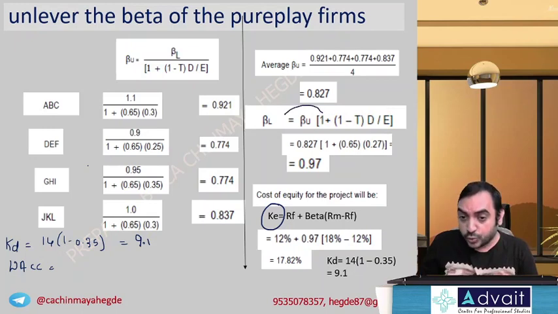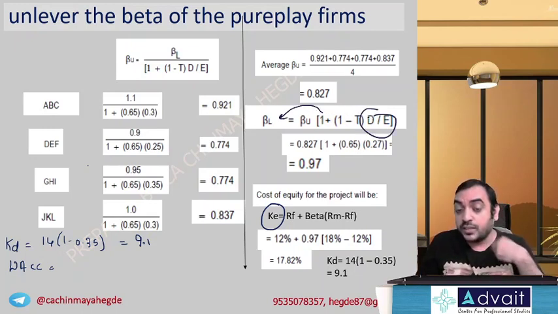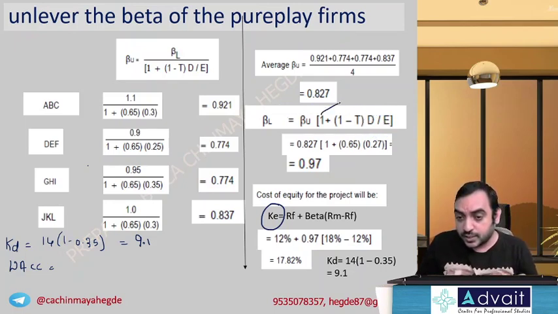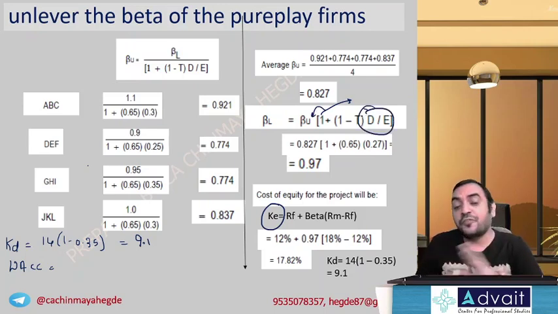This one represents your risk of business. This debt by equity means what was supposed to be borne by debt, but that is also borne by equity shareholders. So this one represents the business risk relevant for beta, and this debt by equity represents the impact of debt, the financial risk.